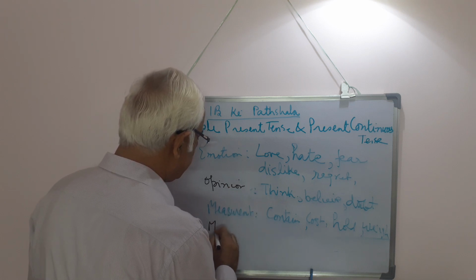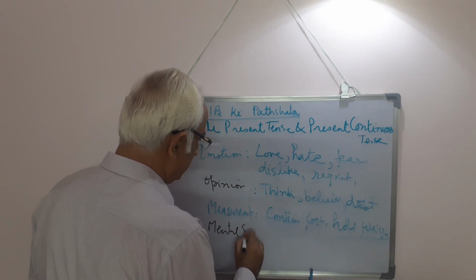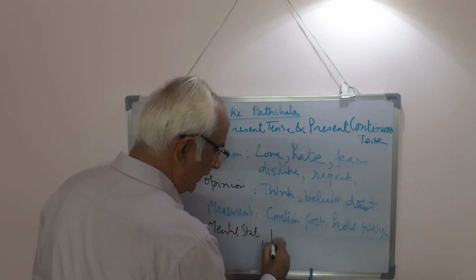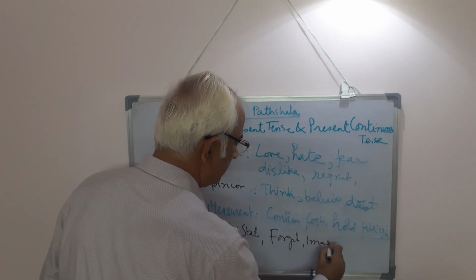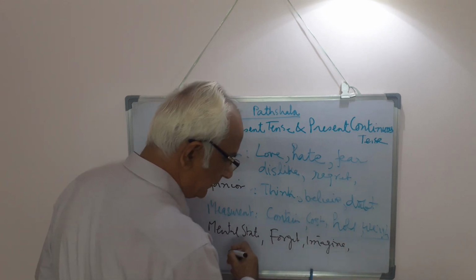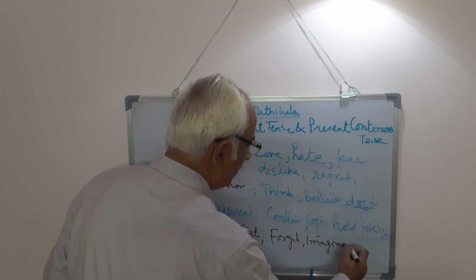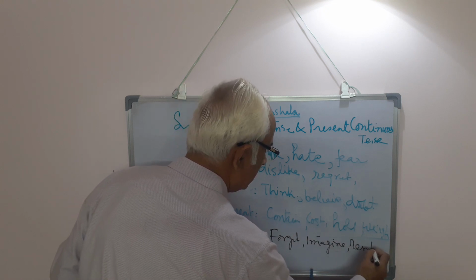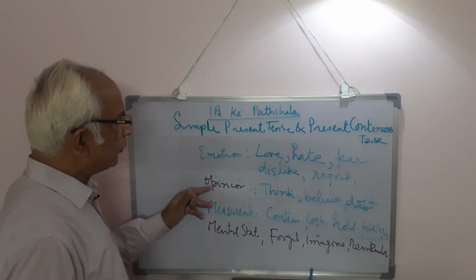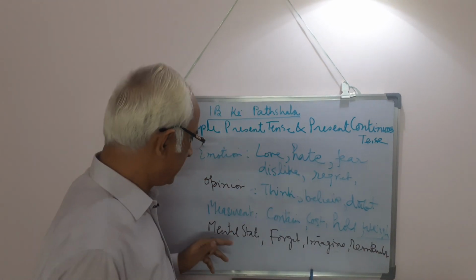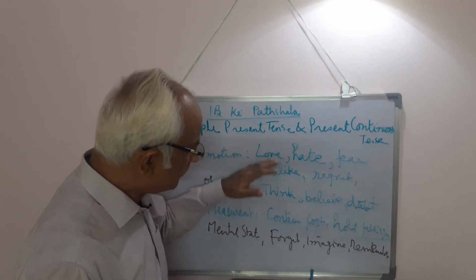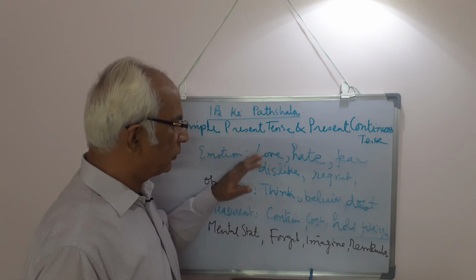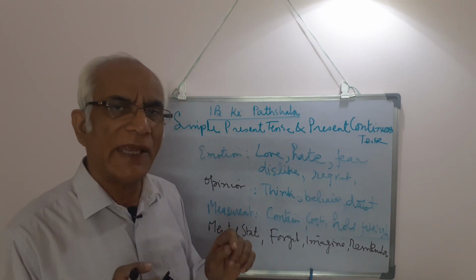And mental state is forget, imagine, remember. So these are mental states. These are opinions. Think, believe, doubt, etc. These are mental states. Forget, imagine, remember. So broadly speaking, all these words are words which do not describe an action.